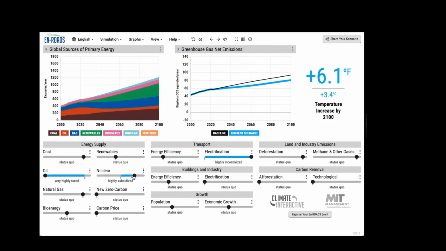If we put more nuclear in, that should wind up impacting coal a little bit. You see this coal go down because we've got this other source for generating electricity. So we're moving in the right direction, but it's not a big impact.